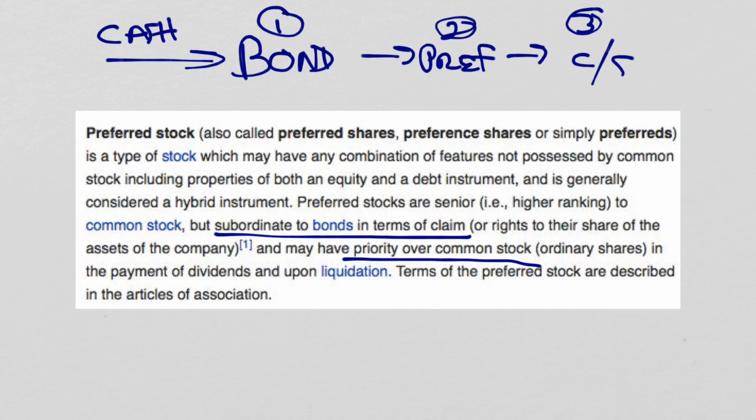So in liquidation, that's the best way to describe it. Any cash after paying off all the creditors goes to the bondholders. If there's any further cash, it goes to preferred stockholders, and then common stockholders are last in line. And so that's the order of the terms of claim or priority rights that exist in liquidation.